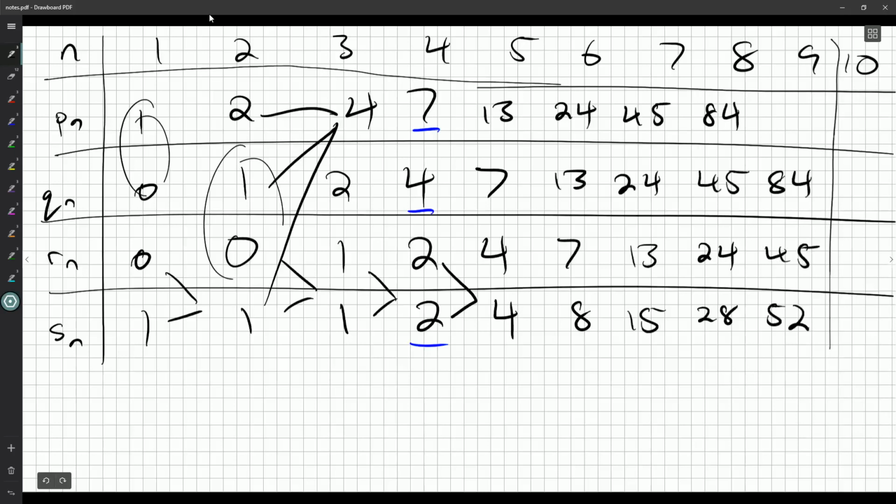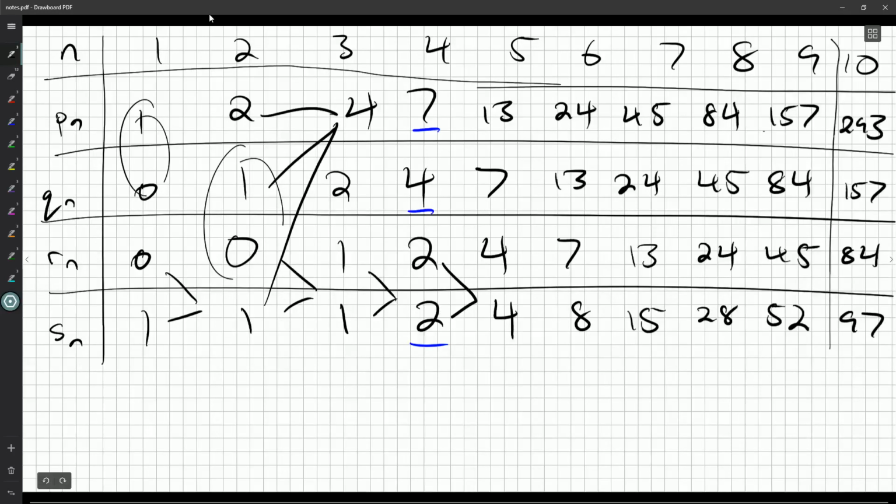84 plus 45 plus 28 is 157. Copy the 157 here, the 84 here. 45 and 52 is 97. And then 157 plus 84 plus 52 is 293.